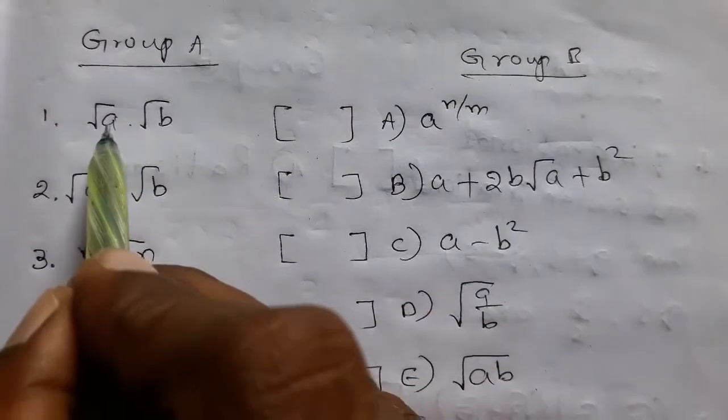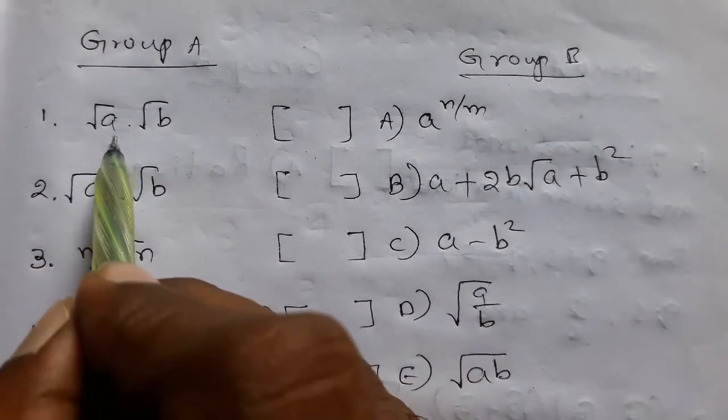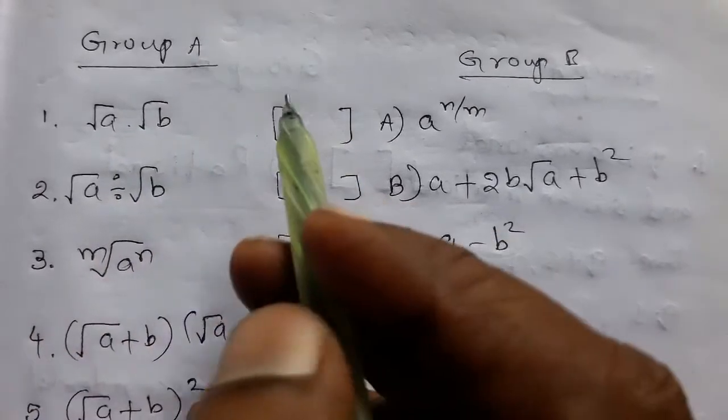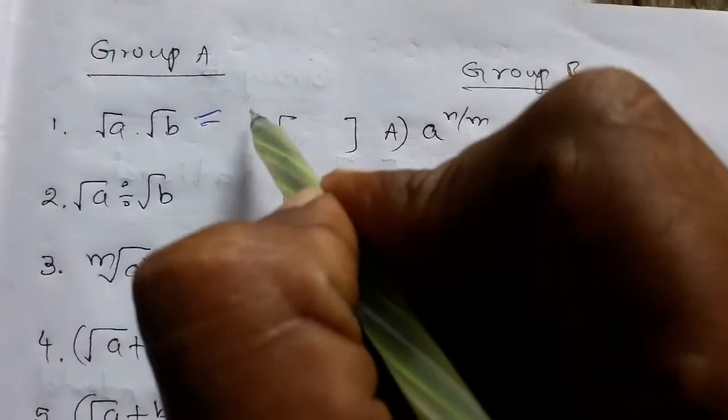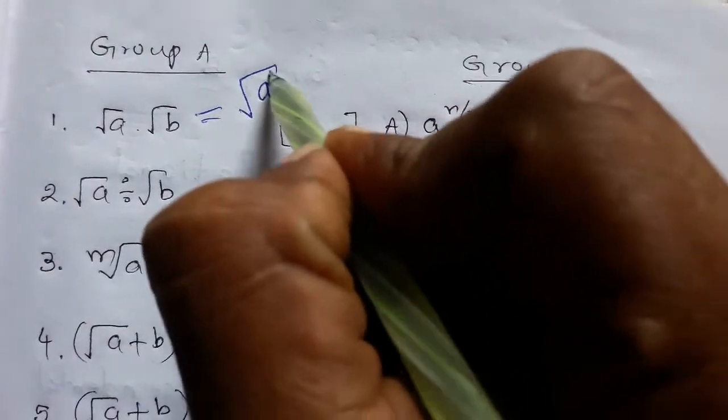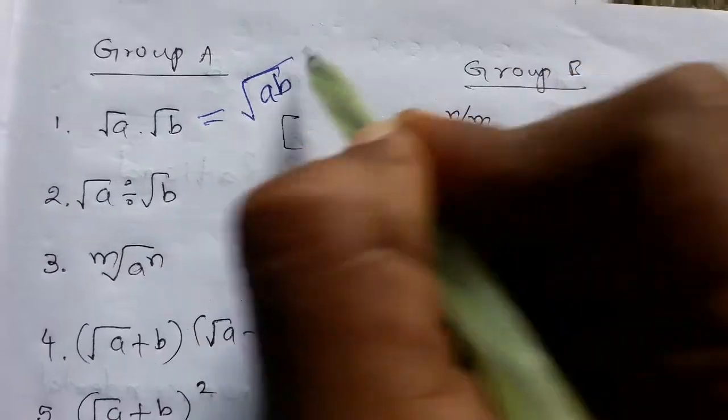See, root a dot root b can be written as root of a into b.